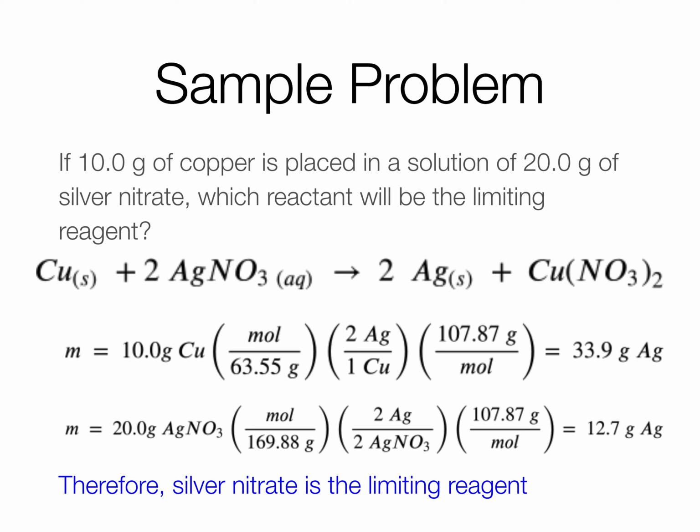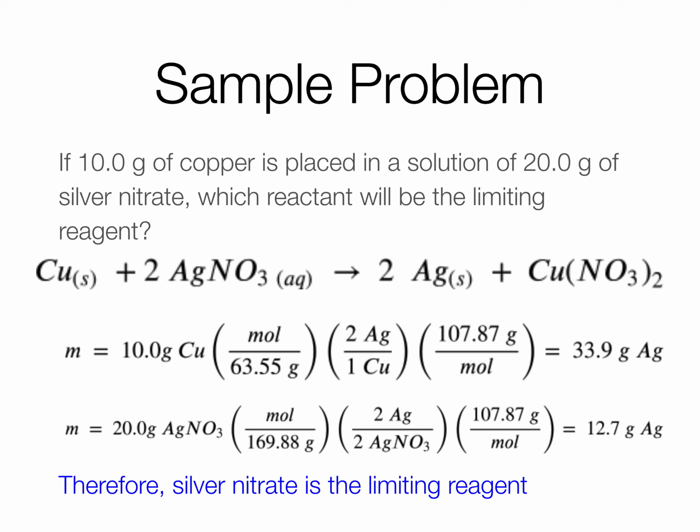But then when we do the calculations for 20 grams of silver nitrate, we'll divide by 169.88 grams per mole. The ratio is a 2-to-2 ratio, so it actually cancels out. And then we multiply by the silver's molar mass. We only get 12.7 grams of silver. So even though there's twice as much silver nitrate, it's actually the limiting reagent by a significant margin.